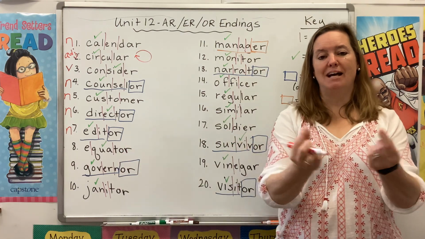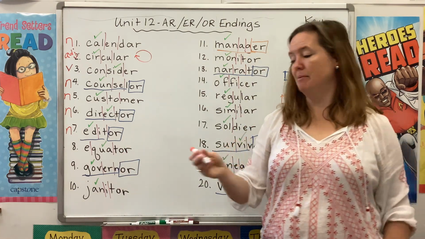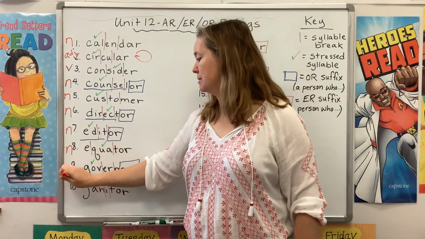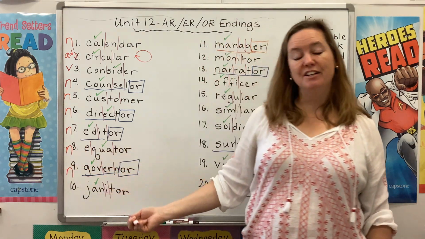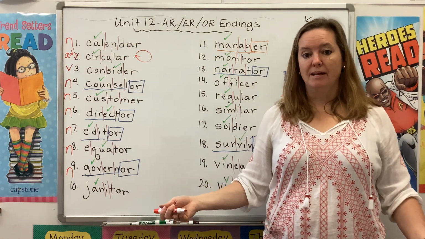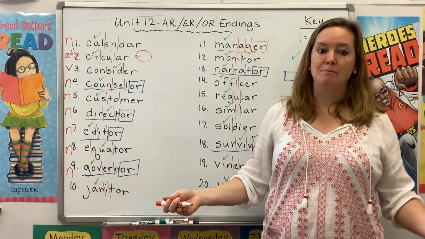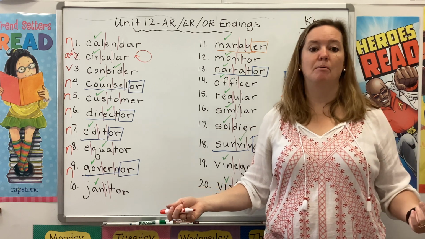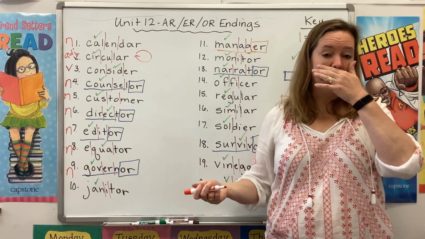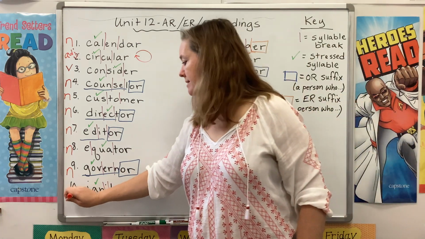Equator, that's that imaginary line that I talked about. That's a noun. Governor is a person. A janitor, that's somebody who takes care of a building, right? Like a custodian, right? So they might empty the trash, they might change the light bulbs, they might just make sure that the building is safe and clean. So that's a noun.